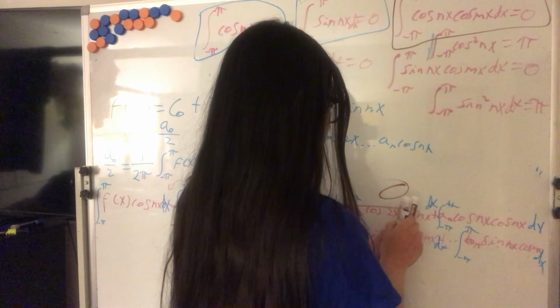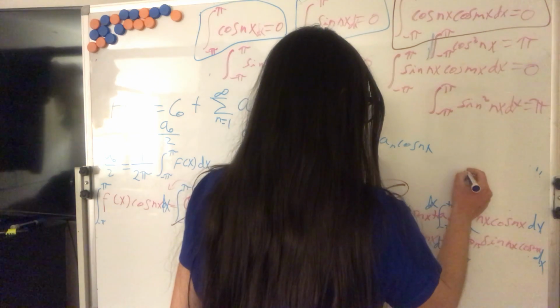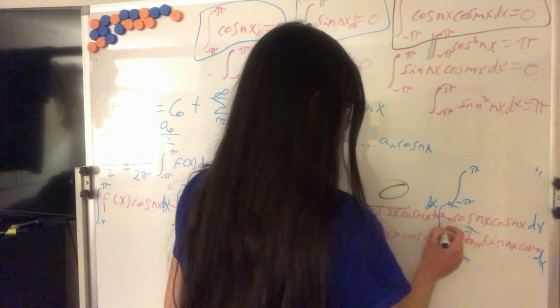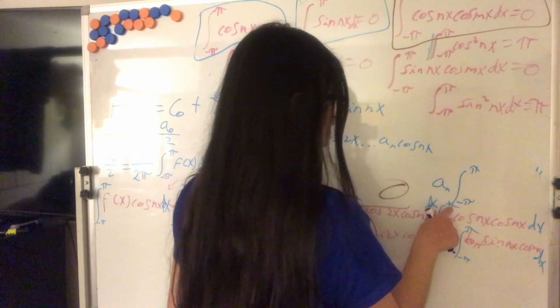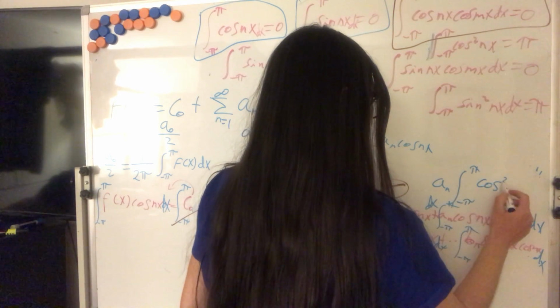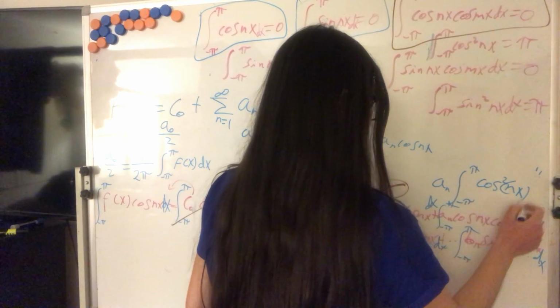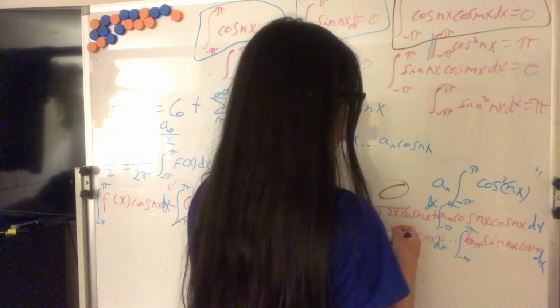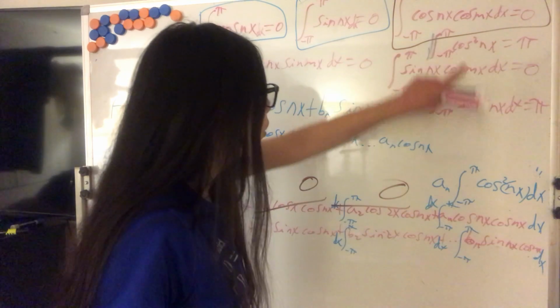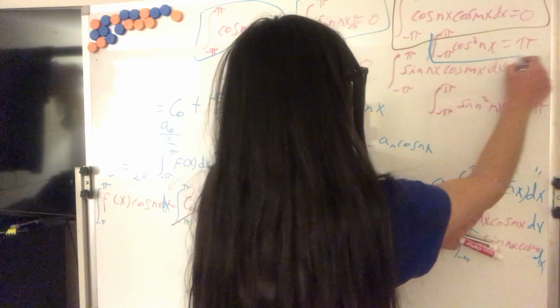So this term actually is the definite integral from minus pi to pi, and let me put out the constant, so a sub n times the definite integral from minus pi to pi of cosine squared of nx dx. So this is this term.